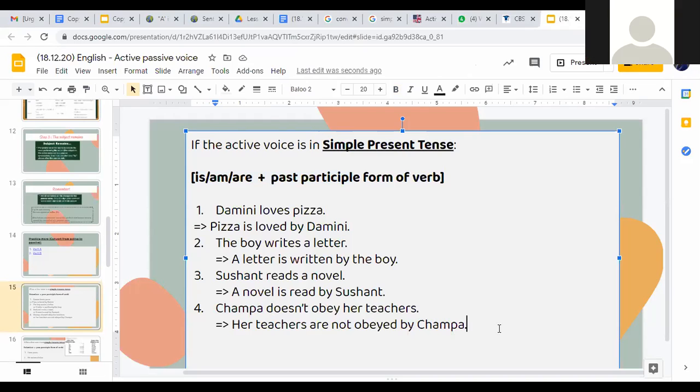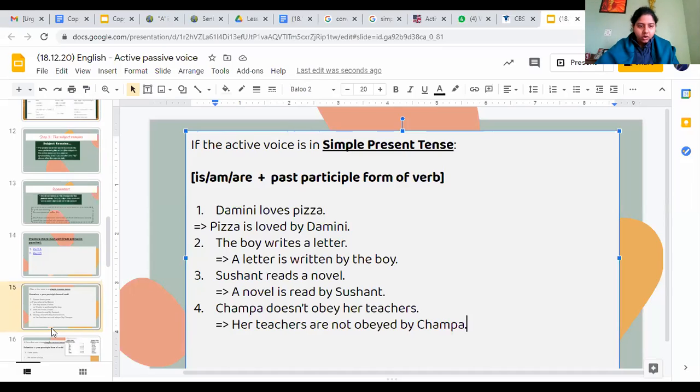In the 4th sentence, it says Champa doesn't obey her teachers. Champa अपनी teachers की बात नहीं मानती है. हाँ, yes. ठीक है. अब in the conversion, in the passive form, I'm saying her teachers are not obeyed by Champa. Teachers की बात नहीं मानी जाती है चंपा के द्वारा. So meaning remains the same. ठीक है. थोड़ा confusion होगा, but meaning remains the same.